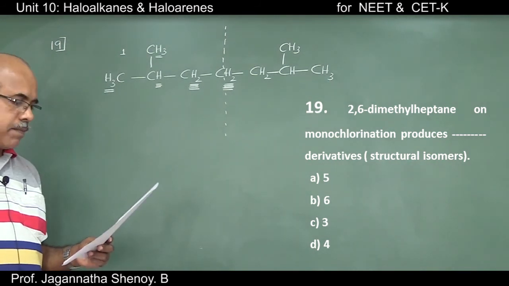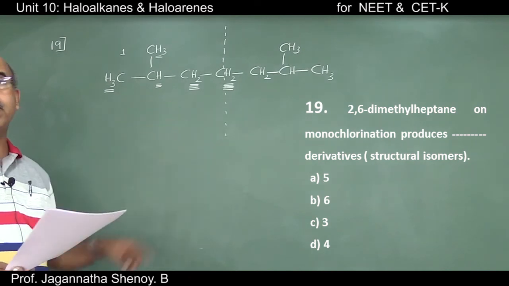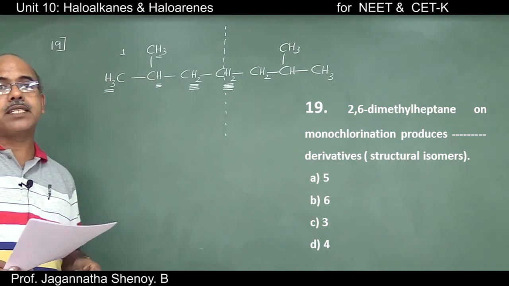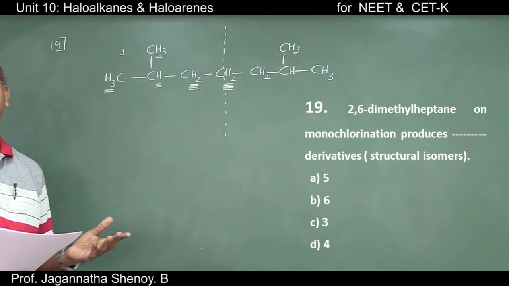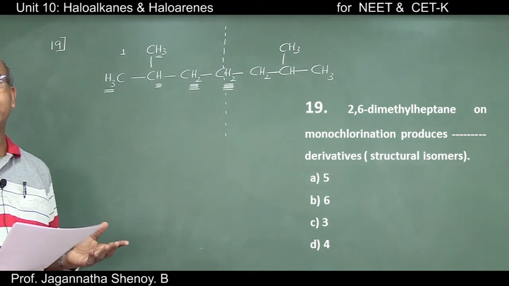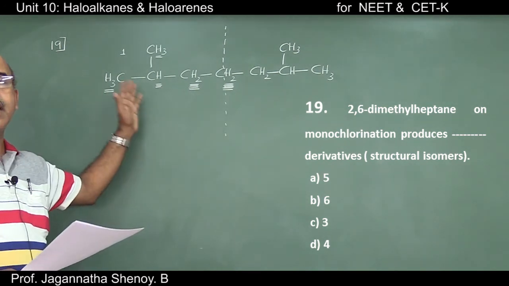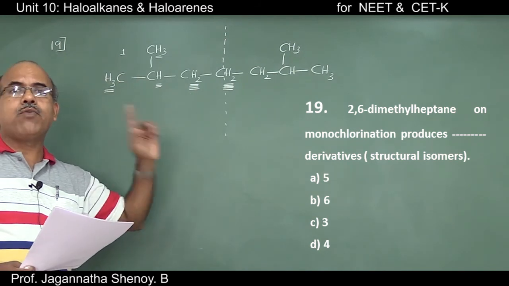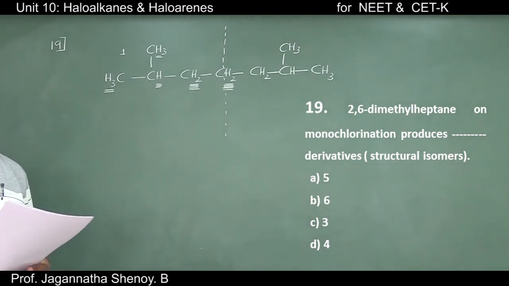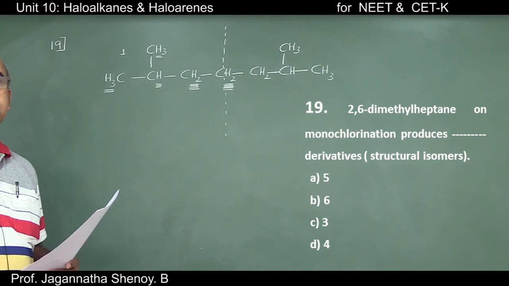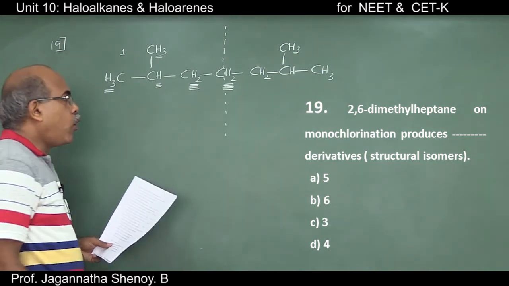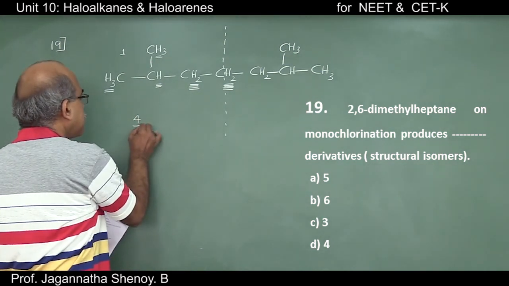So here, remember, I'm not talking anything about the change in the carbon skeleton. I'm not talking anything about what are called chain isomers. I'm just replacing the hydrogen atom by one chlorine atom, monochlorinated products. How many structural isomers must be possible? 4 structural isomers must be possible.